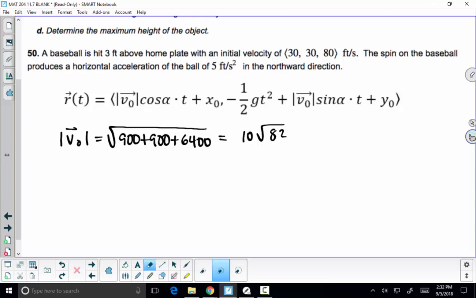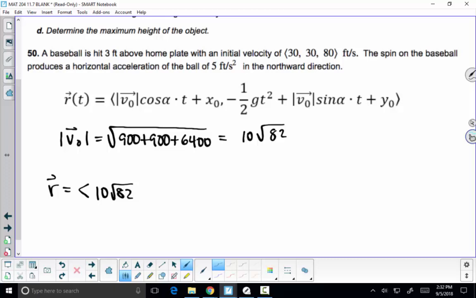And let's go ahead and start substituting things in. So our position vector is going to be the speed, 10 root 82. What is going to be alpha? 45. If we think about the initial velocity vector, can we use a triangle to represent alpha?